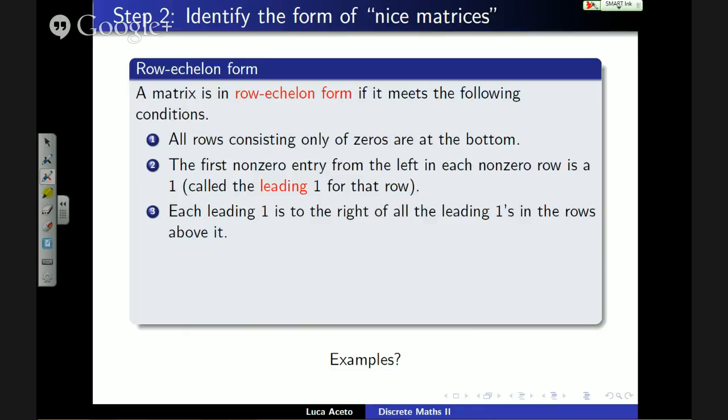So what are the conditions that a good, honest-to-God matrix in row echelon form should satisfy? First condition: all rows of zeros should be at the bottom of the matrix. So there may be rows that only consist of zeros, but they should be at the bottom. Why can we assume that?